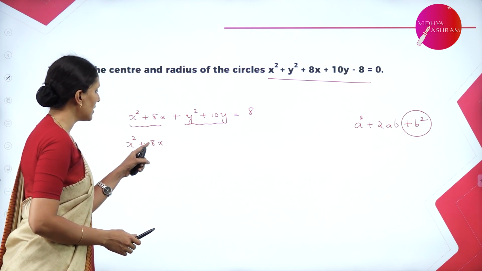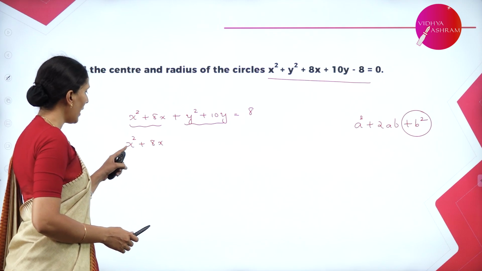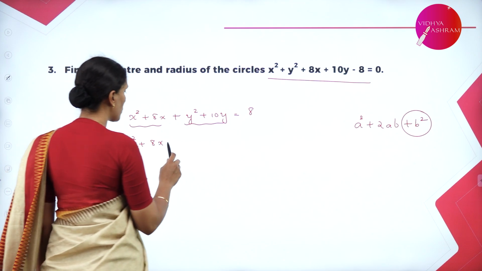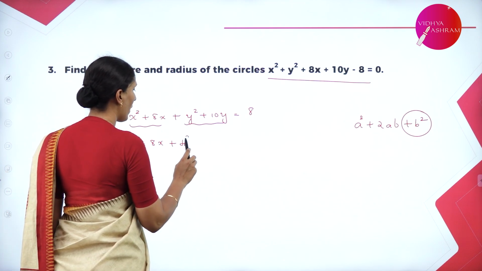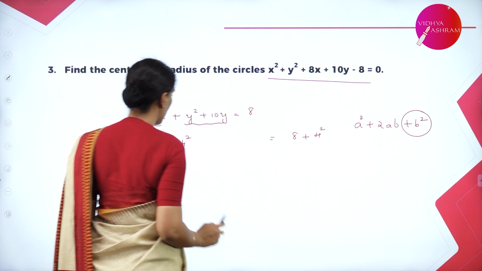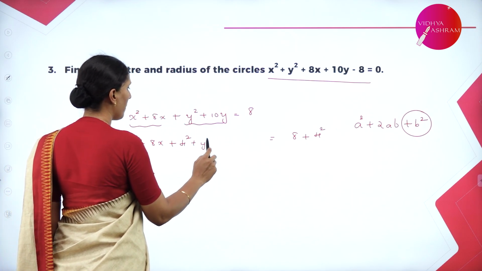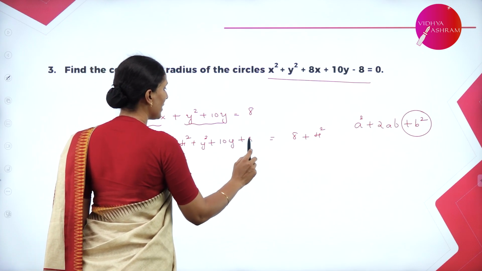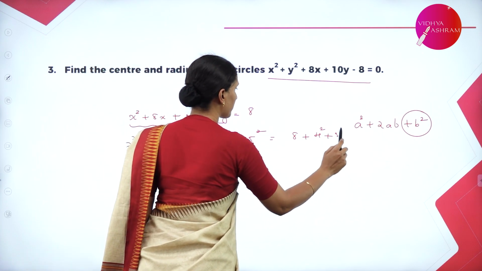If I consider this in the form of 2ab, assume a is x. So 2b is 8, b is 4, we need to add 4 square. So add 4 square on both sides here: 8 plus 4 square. Next here we have y square plus 2 fives are 10y. So I'll add 5 square on both sides.